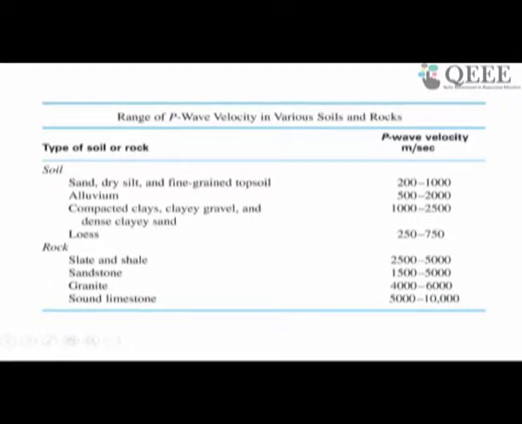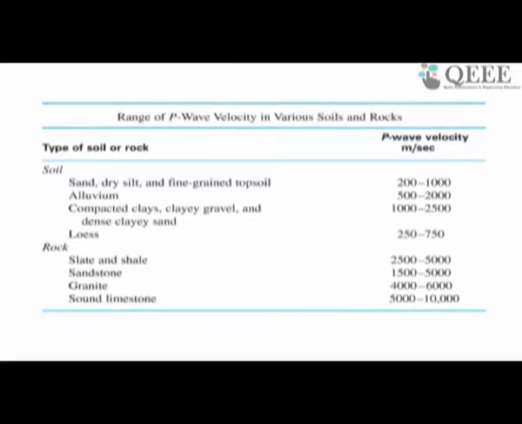For ordinary rock like shale and sandstone, you have velocities of more than 2000. If you go to good quality rock like granite or basalt, the P wave velocity will be almost 5000 or 6000 meters per second.